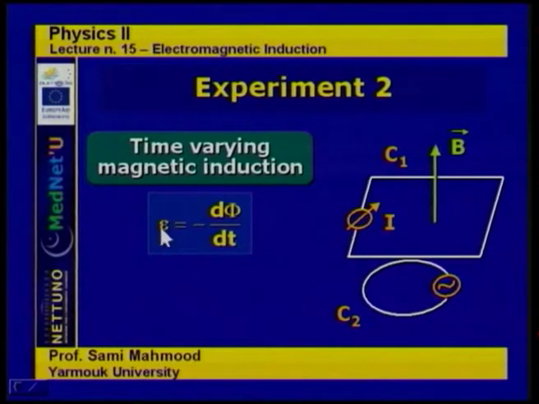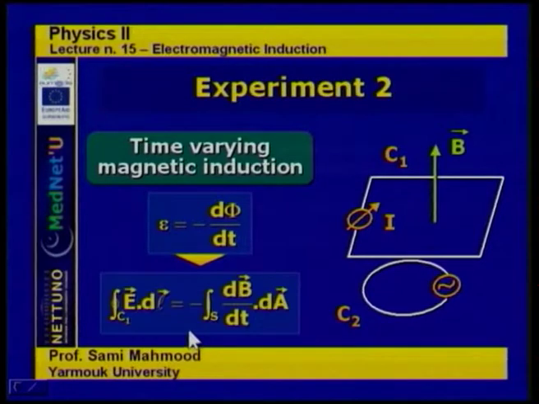If we consider Faraday's law, epsilon is equal to minus d phi by dt, and this is the electromotive force. Now if we integrate the electric field around the loop C1, this is what the electromotive force epsilon is.